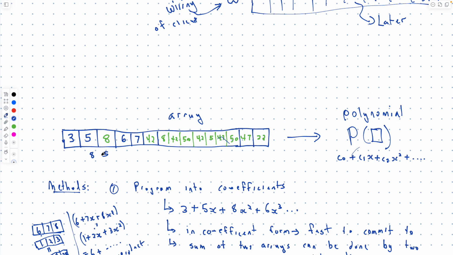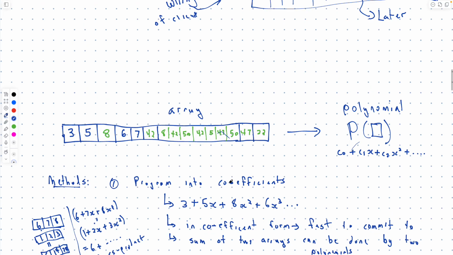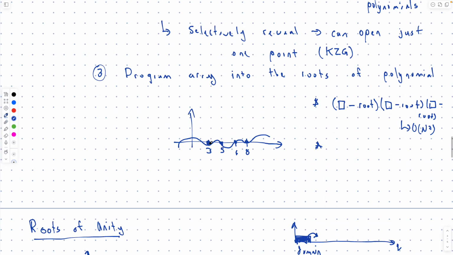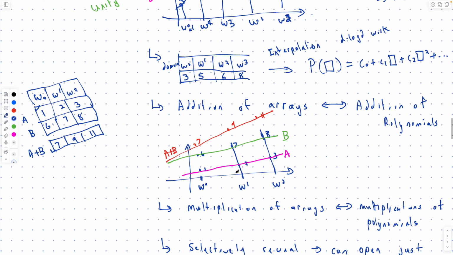The only difference is that the 8 is here and the 5 is here. Okay, so it's the same array, but it's in a different order. All right? What will happen is I'll end up with the same polynomial because there's no order here. Notice here, if I swap the order, I get a different polynomial.